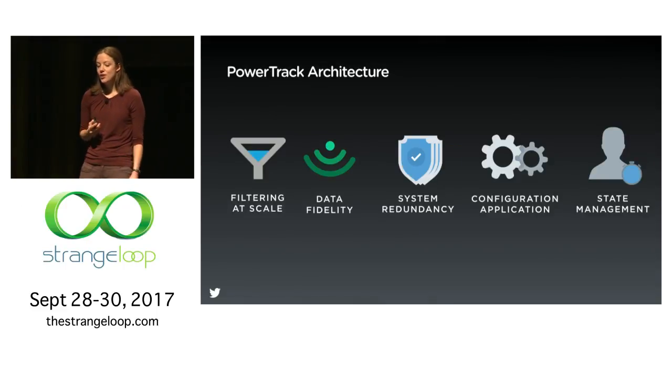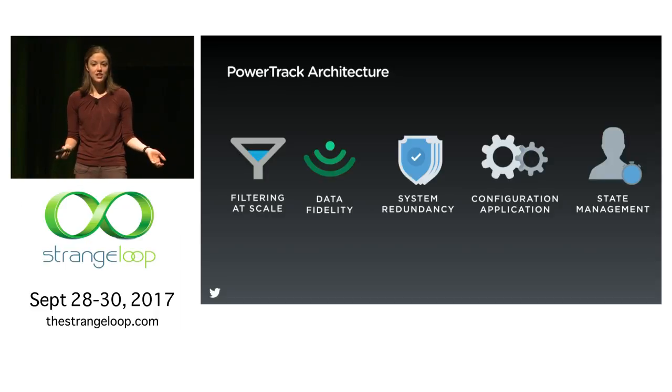Okay, so for the PowerTrack architecture, what we talked about today was how we filter at scale. So how we use predicate indexing and how we have multiple applications per stack to be able to filter data at scale, how we're filtering thousands of tweets per second for our customers, with hundreds of thousands of rules.